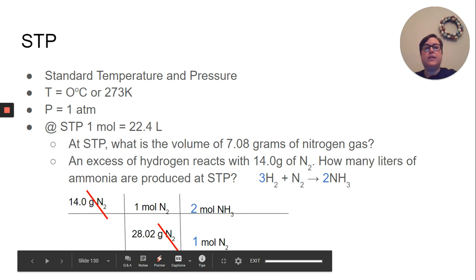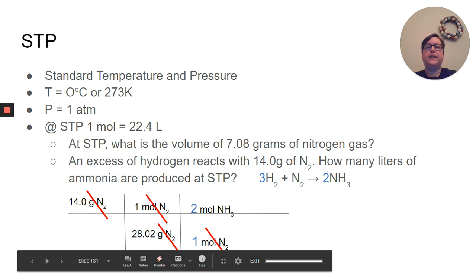Again, we're doing this so that we can go from nitrogen to ammonia, and the only way to switch a substance is to use the mole ratio. So our given has to be in moles first. Now when we multiply and divide, moles of nitrogen will cancel and we're at moles of ammonia.